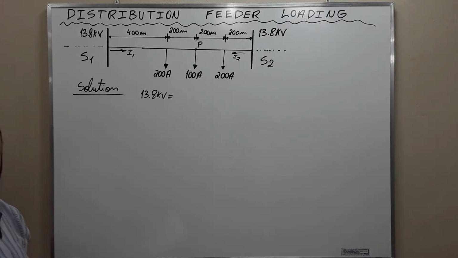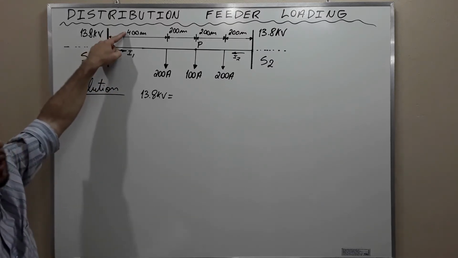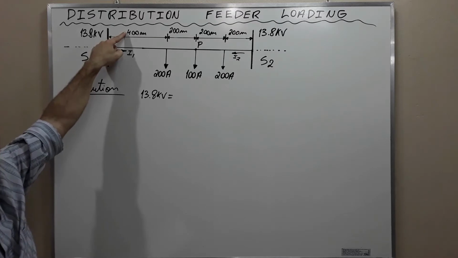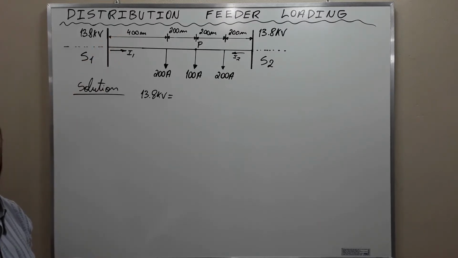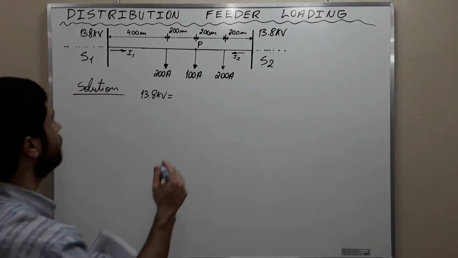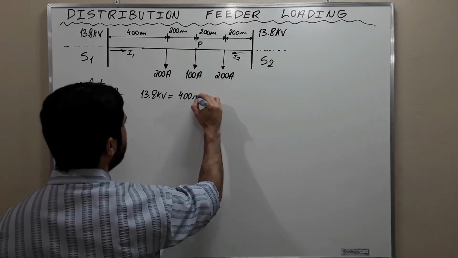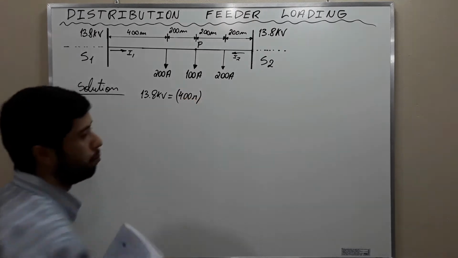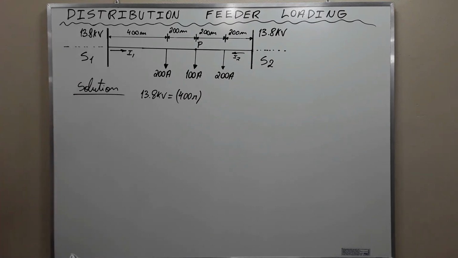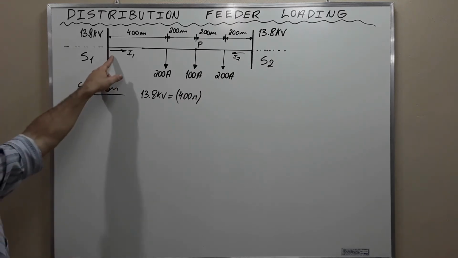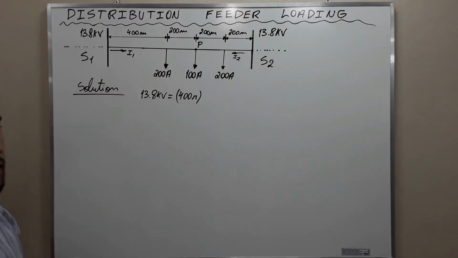Okay, but what is the resistance? The resistance is 400 meters times the resistance per meter. So it is 400 meters times the resistance per meter. And the current in this segment here is I1.